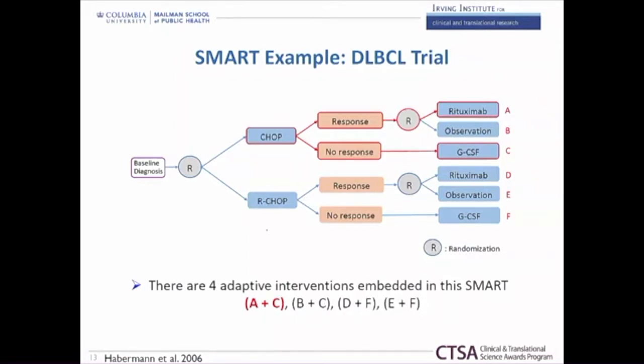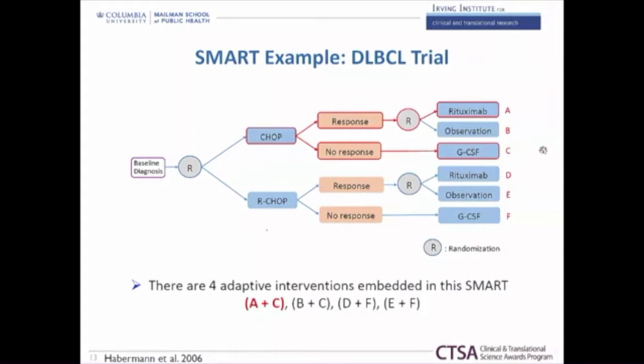We can see there are 6 treatment sequences embedded in this design diagram, presented as the arrows go from left to right, and we denote them by sequences A, B, C to F. For example, sequence A is CHOP, response, rituximab. So a patient who completes this trial will follow one of these 6 treatment sequences, depending on the result of randomization and the intermediate response.